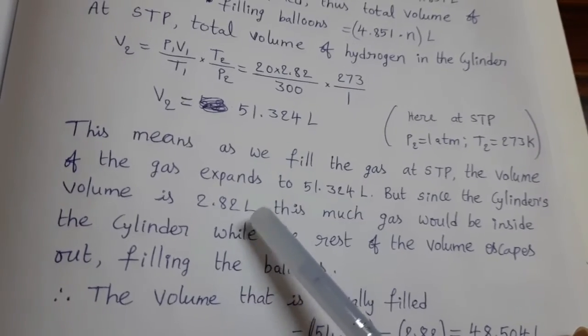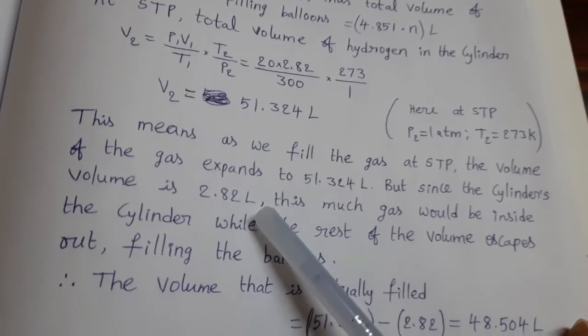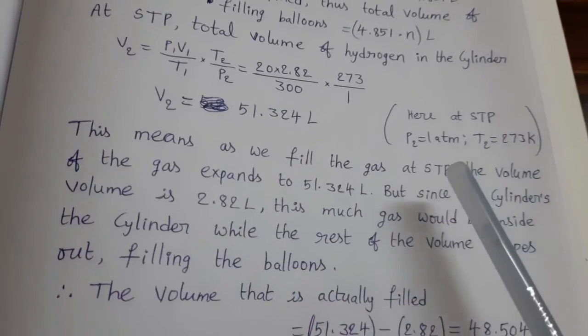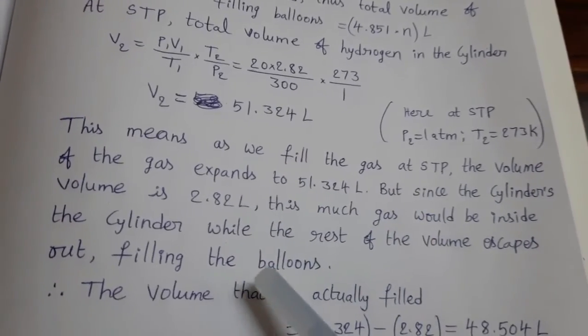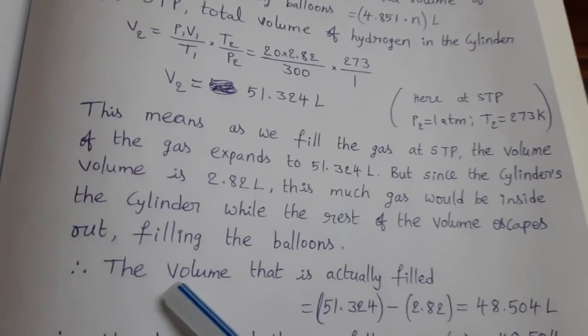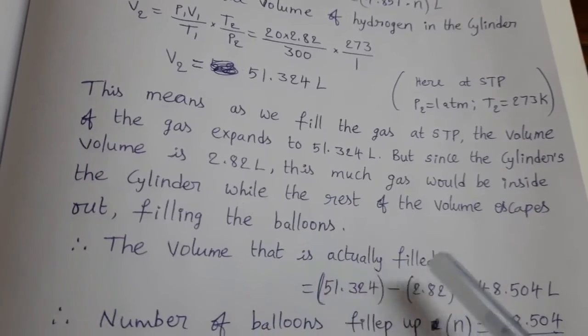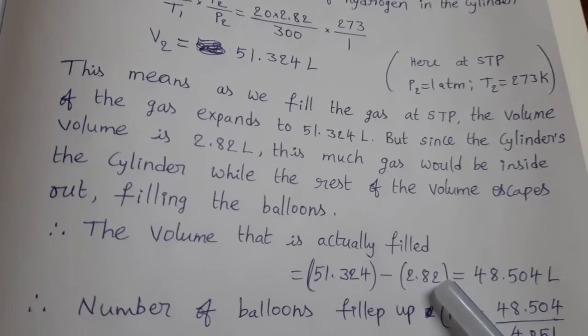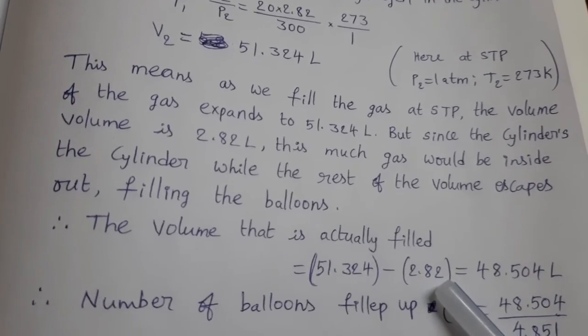Only this volume of hydrogen can be held by the cylinder. Remaining gas can come out from the cylinder and enter into balloons.